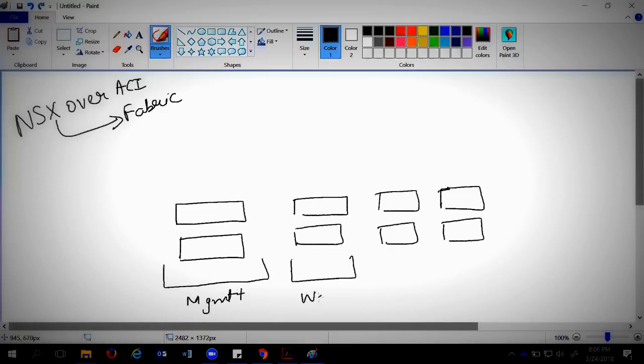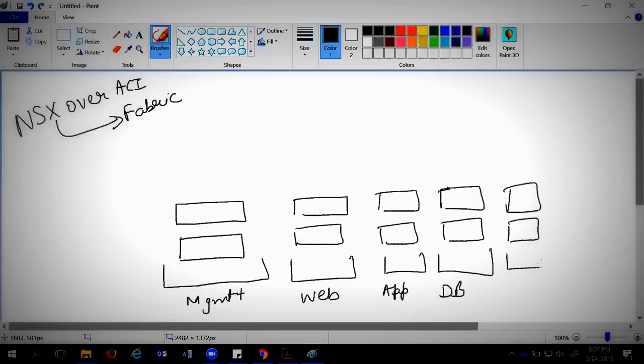Similarly, we would have a web cluster, an app cluster, and maybe a DB cluster. Similarly, there would be a cluster called an edge cluster. Now, the idea of NSX is that they can do the routing at VMware levels, at a virtual level.